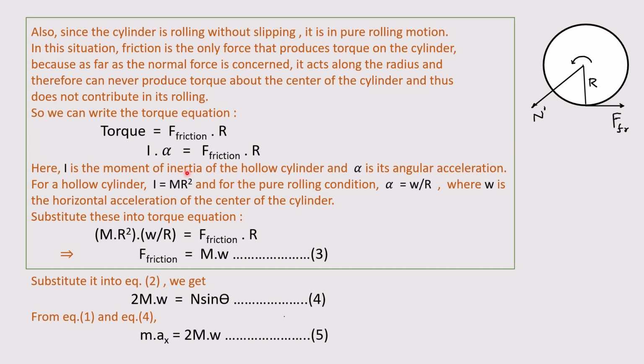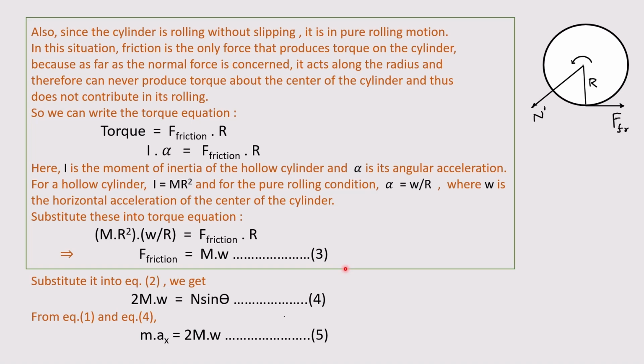So the equation would become I into alpha is equal to force of friction into R. If we put the value of the moment of inertia of the hollow cylinder, that is M R squared, and since it is pure rolling condition, we can put the value of alpha as W by R, where W is the horizontal acceleration of the center of the cylinder. After substitution, it becomes M into R squared into W by R is equal to force of friction into R, and we get the value of force of friction, that is mass of the cylinder into W. This is our equation 3.